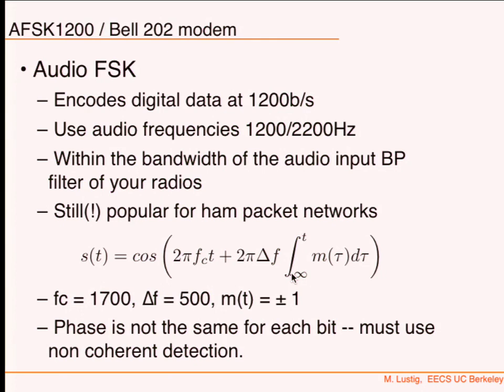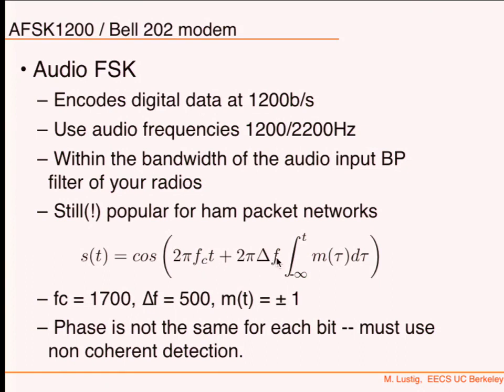Okay? So the way to encode this, and I think this is a poor choice, because if they would have picked 2400, it would have been nice. But they picked 2200. So for that case, you have to use a continuous phase, because if you take the derivative of that, you'll get 2 pi fc plus 2 pi delta f times m.